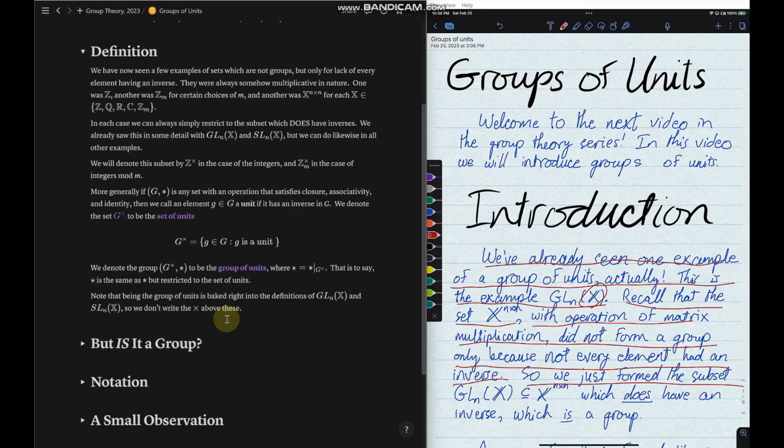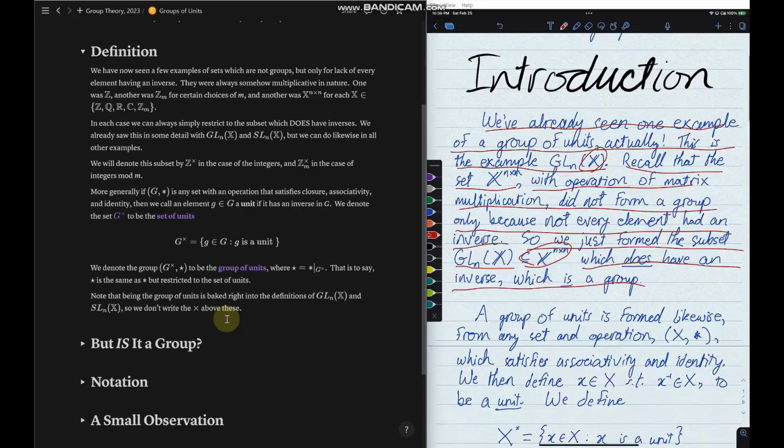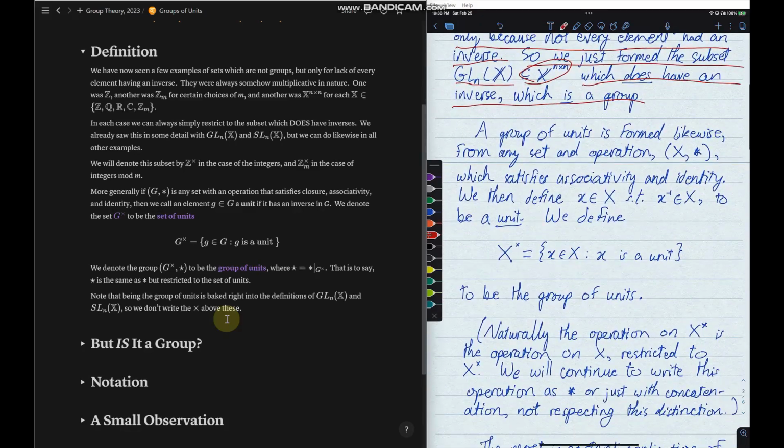So we formed in a previous video the subset GL sub n of X called the nth general linear group, which is a subset of the set of all n by n matrices. And it's that subset which does have an inverse, and that turned out to be a group.